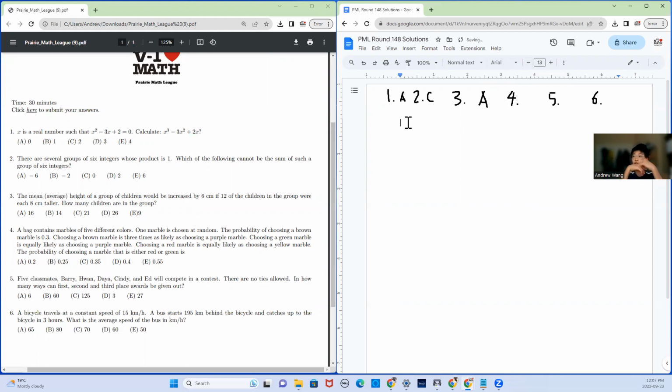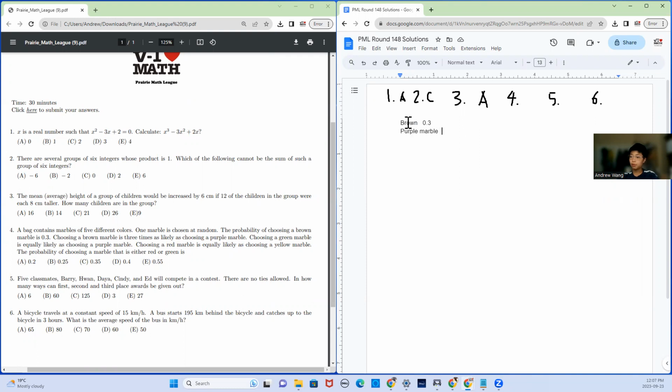So let's begin by just listing the probability for each color. As I said, a brown marble probability is 0.3, and for the purple marble, they said choosing a brown marble is 3 times as likely as choosing a purple marble.